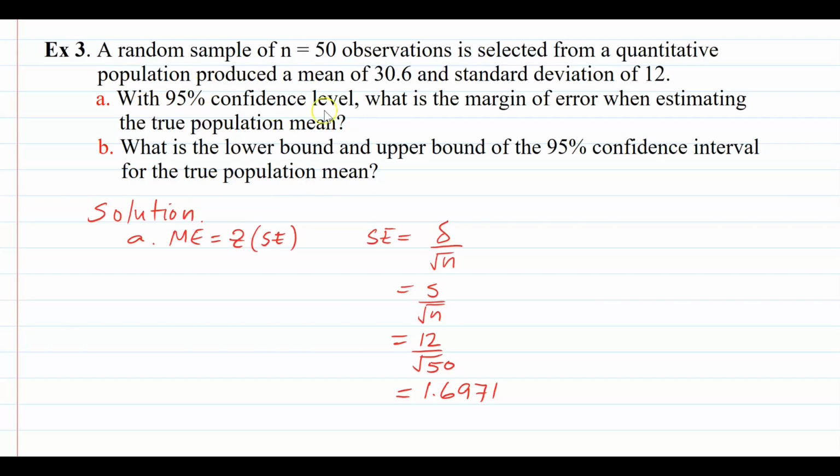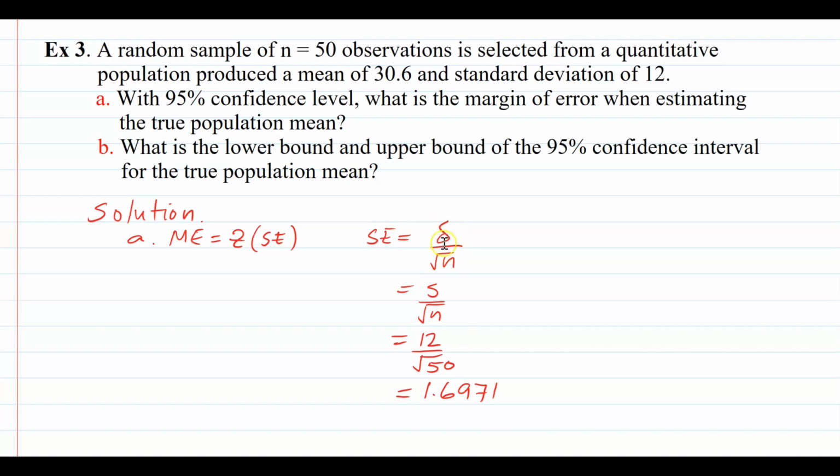For question A, we are going to calculate the margin of error when estimating the true population mean. Our formula for the margin of error is ME equals Z times SE. SE stands for the standard error, and our SE is equal to the population standard deviation, sigma, divided by the square root of n.